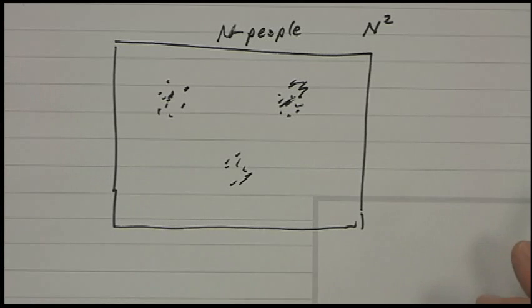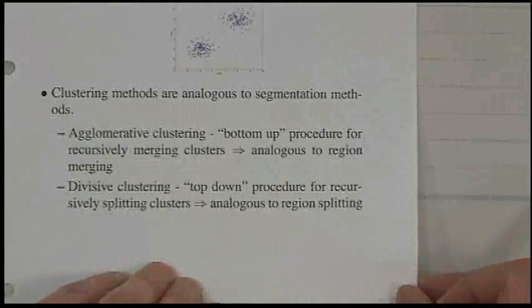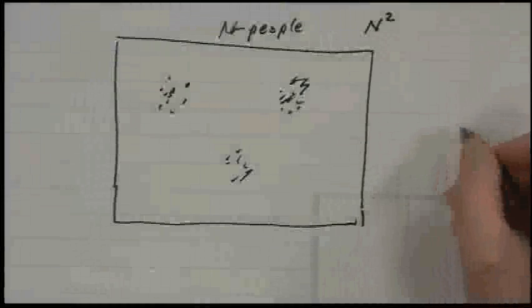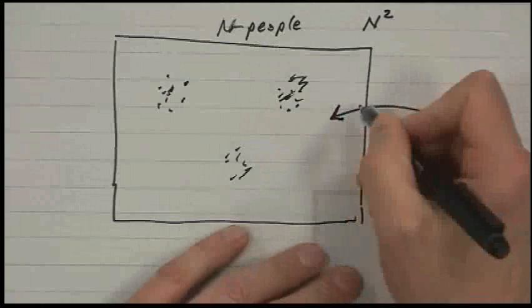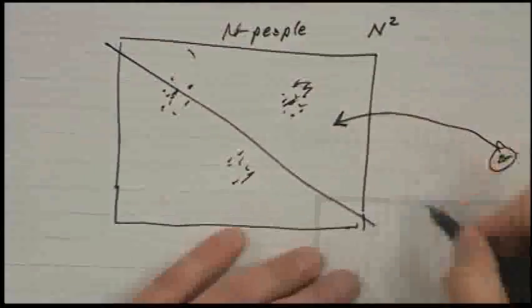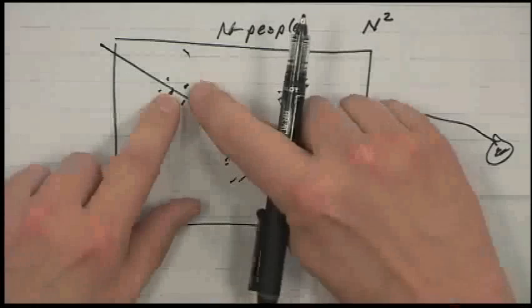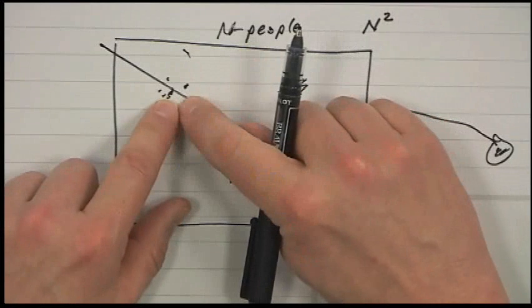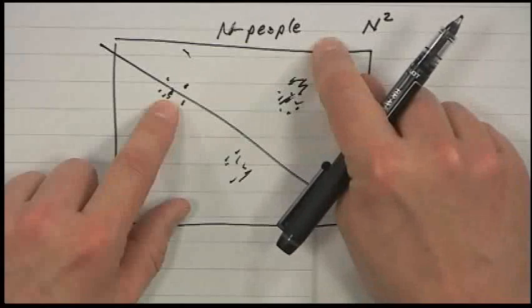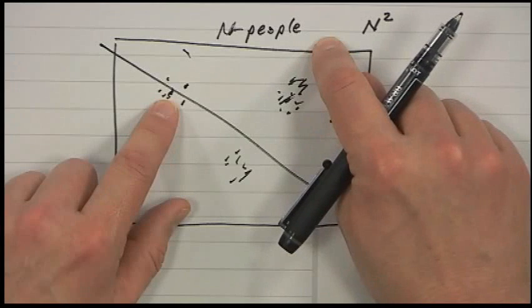Now the alternative approach is divisive clustering, where Greg, the CEO here, comes in and says, okay guys, we're going to do this. And Trudy goes, hold on, I was with these people over here. And I go, I don't care, just move your office over here, and we're going to get this done.